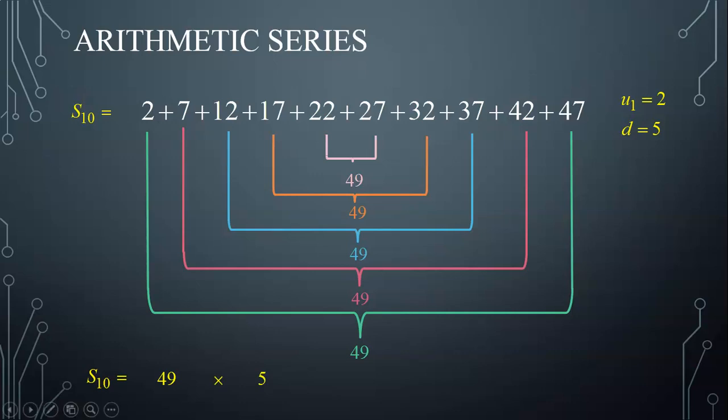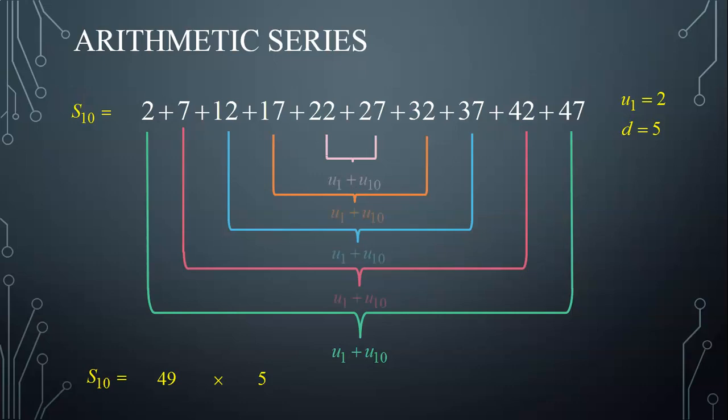So in order to start building an expression for an arithmetic series, I need to go back to the pattern I started with. The first 49 I obtained was in fact the sum of the first and the last term, which in this case is the 10th term of the series, U10.